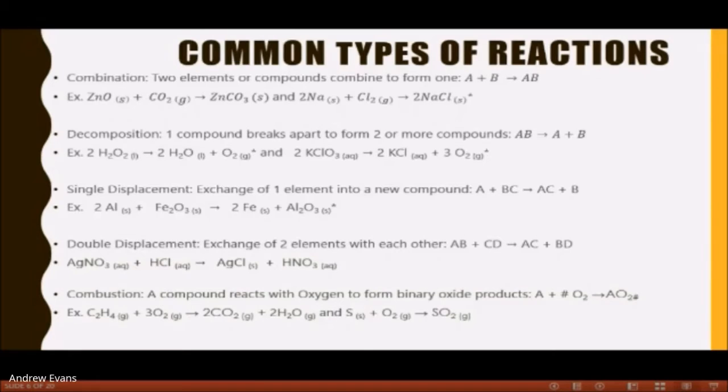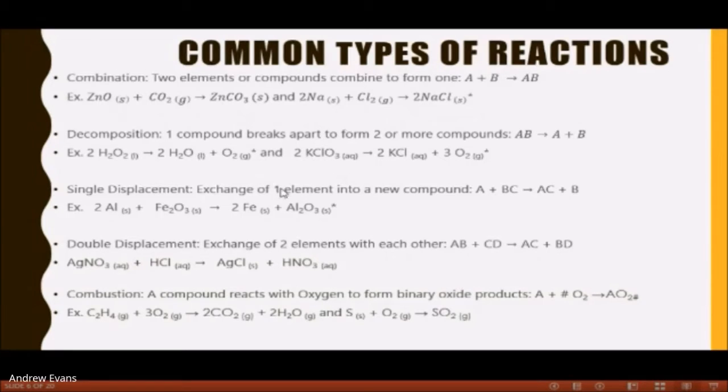But it could be something like we did in the second lab, where potassium chlorate breaks down into potassium chloride and oxygen. KClO3 breaks into KCl and 3 oxygens when we heat it. You could technically break apart smithsonite, the zinc carbonate, back to carbon dioxide and zinc oxide. All these can be undone.